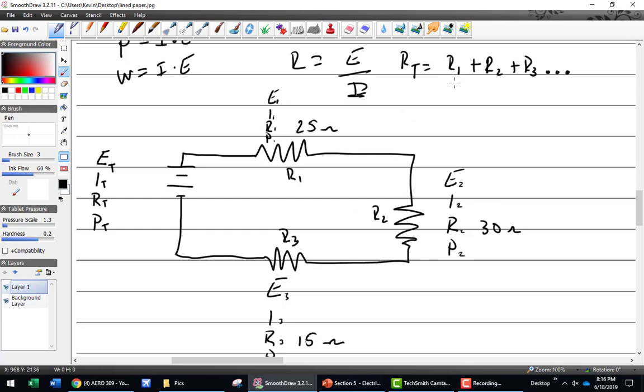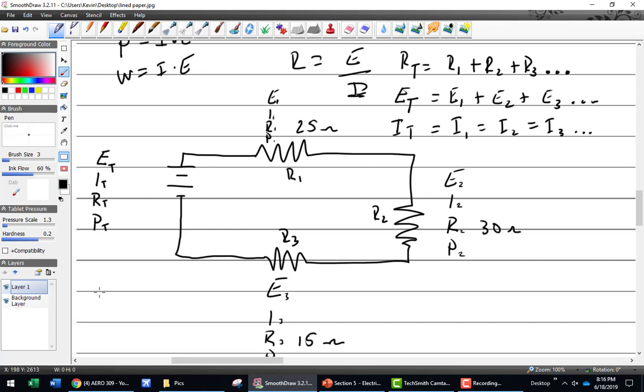All right. So resistance. If I want to know how to calculate E total, it is the voltage drop of 1 plus the voltage drop of 2 plus the voltage drop of 3. If I want to know I total, it equals the current through 1, which equals the current through 2, which equals the current through 3, and so on.